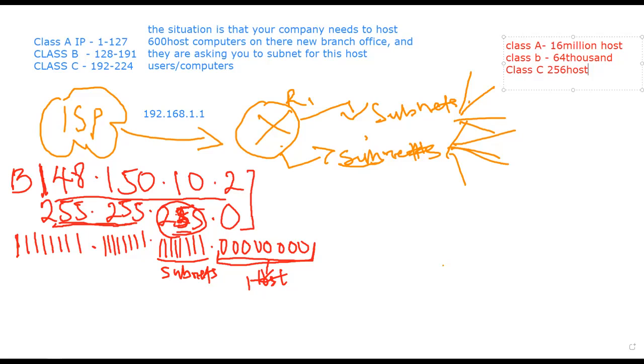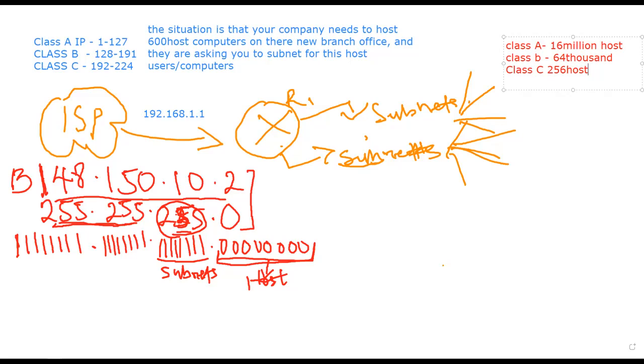No doubt, if we decide to use a class C IP address, we could do this by also subnetting. However, we are dealing with 600 hosts, but this can only give us 256 hosts. But now we've got a class B IP address with a subnet mask, which can give us more than 64,000 hosts.